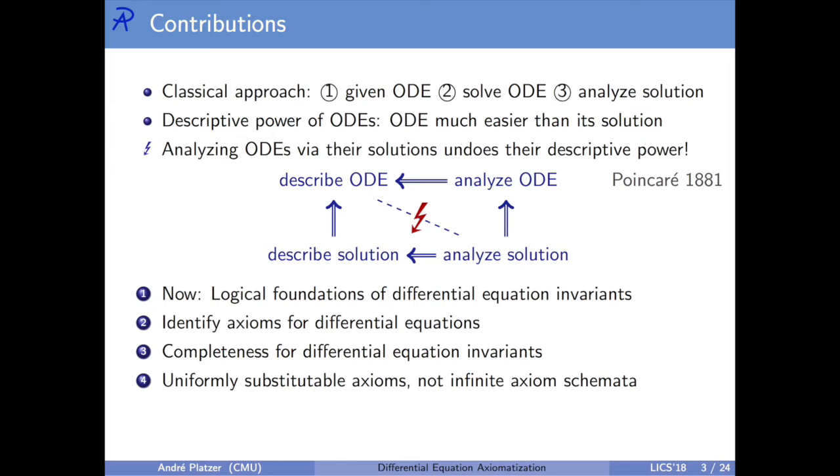The point is that they're supposed to describe in much easier ways what the system is doing. And so of course, Henri Poincaré's principle from 1881 was the insight that it is probably a better idea to analyze the differential equation itself as opposed to going through the detour of the solution.